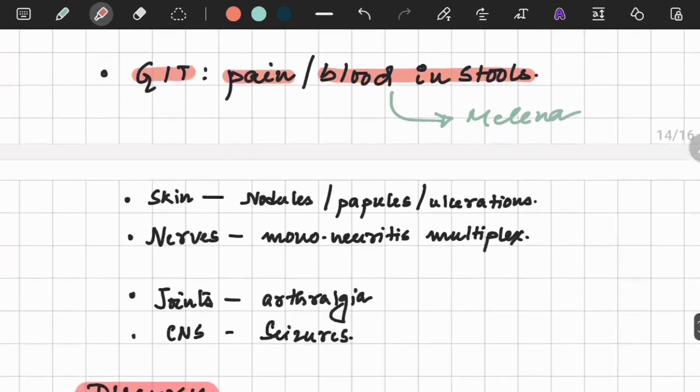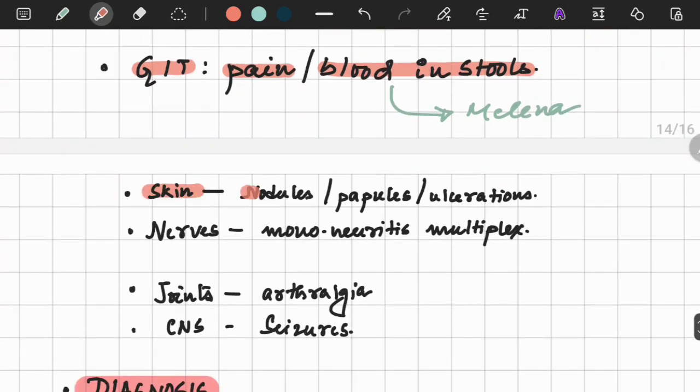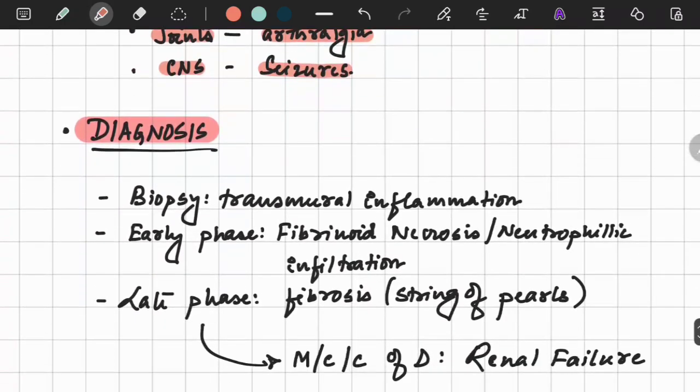So you can remember that. The skin, if involved, may present with nodules, papules, and ulcerations. If the nerves get involved, there is mononeuritis multiplex. If the joints get involved, there is arthralgia, and if the CNS gets affected, there are seizures.